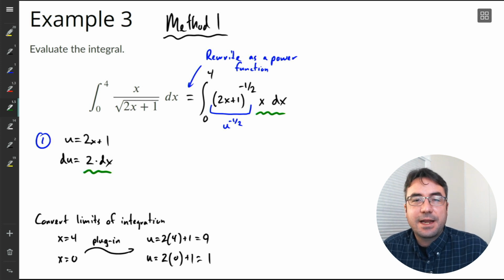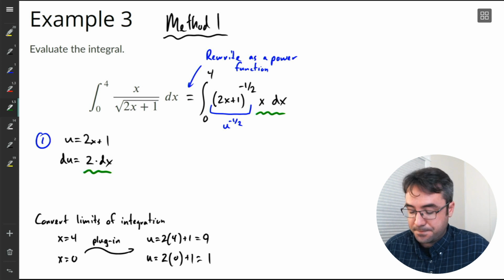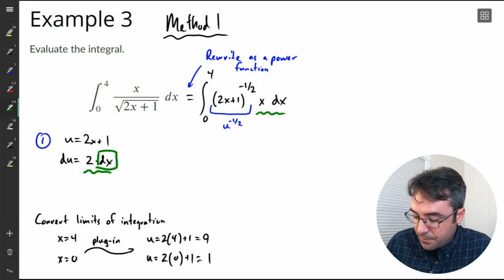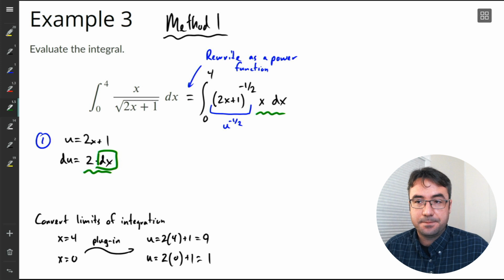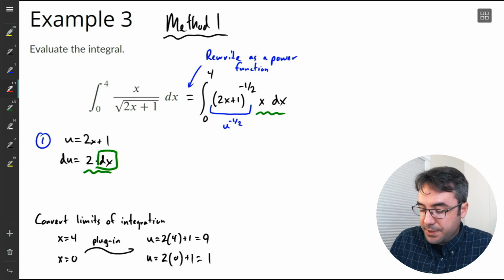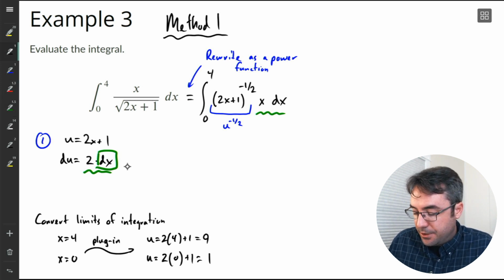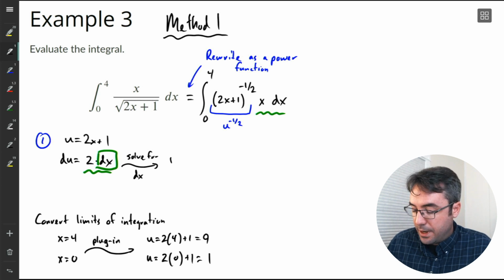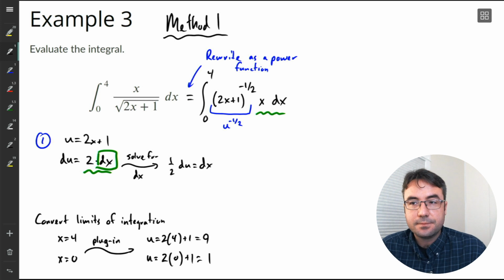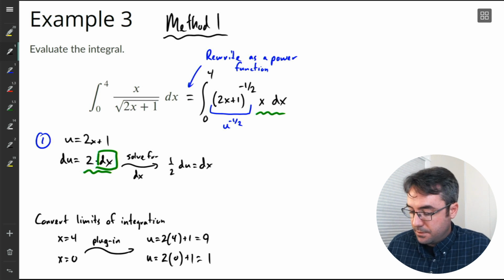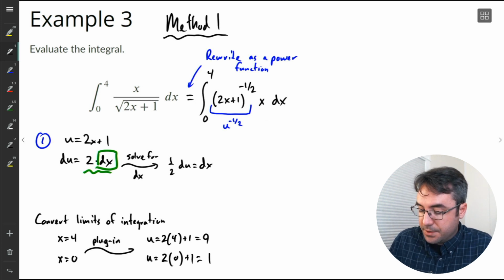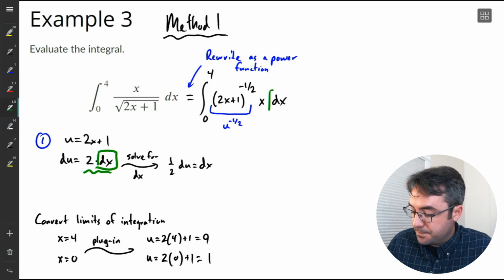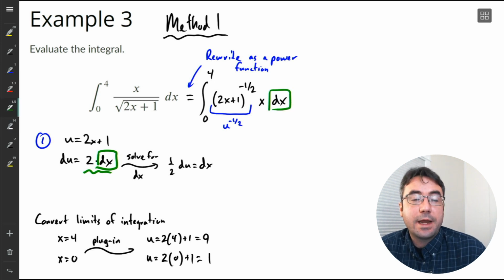The only thing they have in common is the dx. So that's what we're going to solve for, is that dx term right there. So that 2 is an extra constant, so what are we going to do? We're going to solve for dx, so we're going to move the 2 to the other side. So it's going to become 1/2 du is equal to dx. All right, so going up here, we know what's going to happen to that dx term. That's going to become 1/2 du.